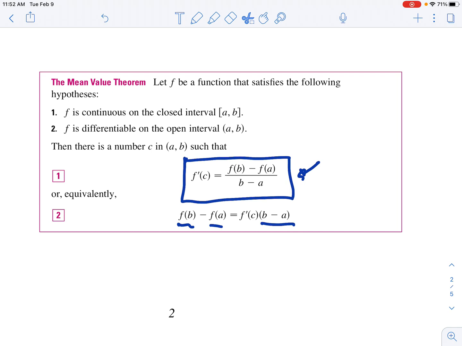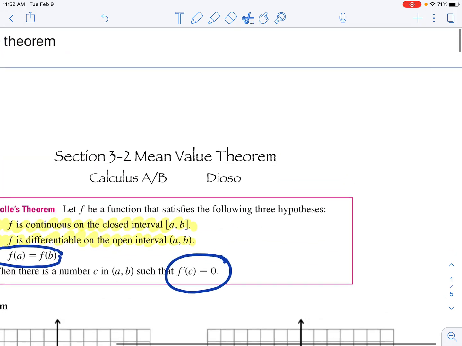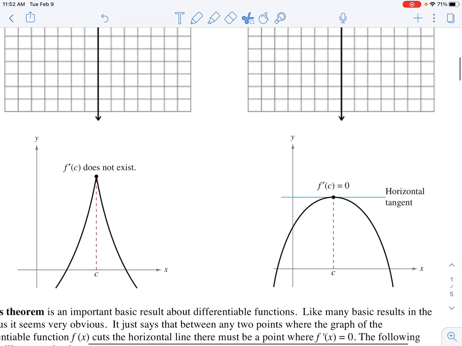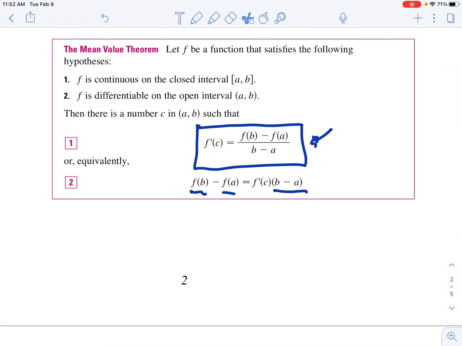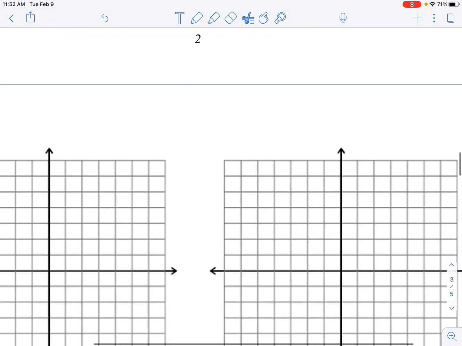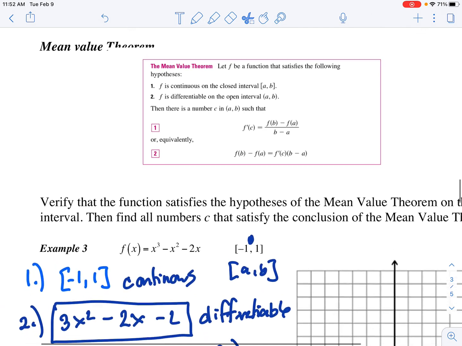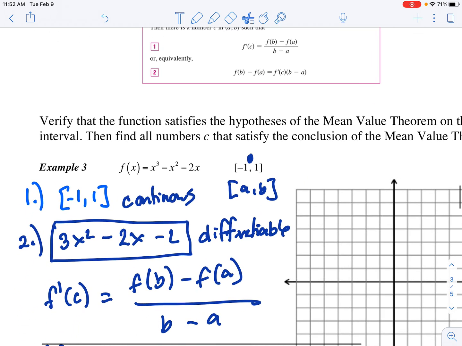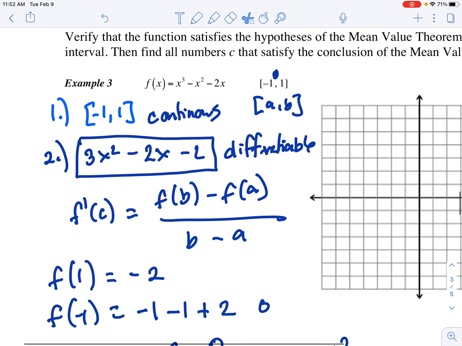All right, so Max, Colin, we just went over the first part of Rolle's theorem. And now we're going to do the mean value theorem. This will be on your exam. Let me get rid of this.